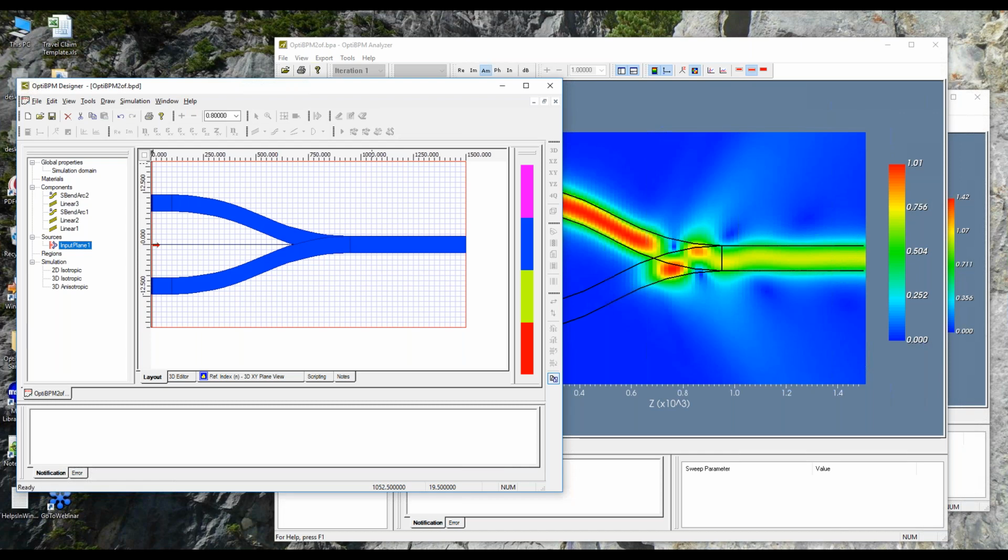Hello. Yes, we do have a question. My old friend Anatoly wants to know if an MMI coupler can be lossless.